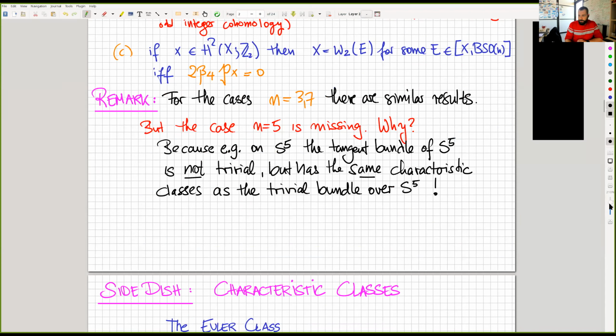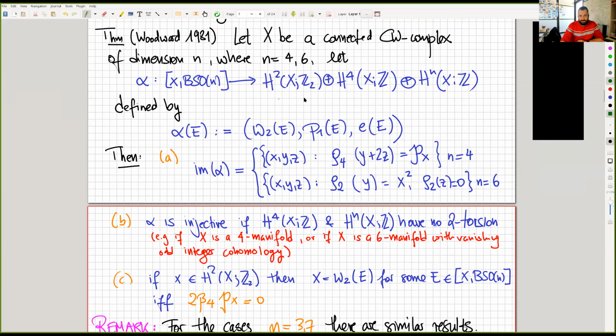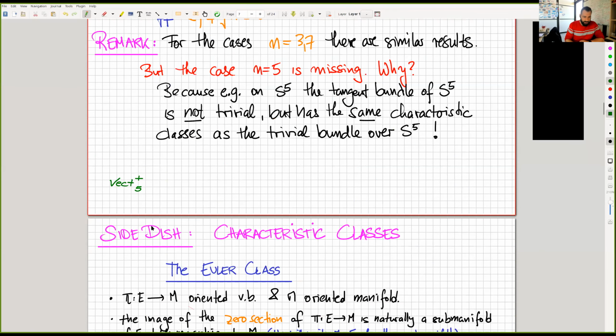that, let me write it in a different color. We know that the vector bundles, in that case oriented vector bundles of rank 5, this is what is interesting here. So you're only interested in the vector bundles of rank equal to the dimension of the manifold, right? Over S5 is just pi 4 of SO5, right? You have to shift this here by 1.